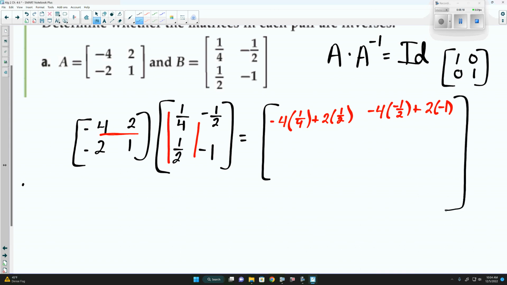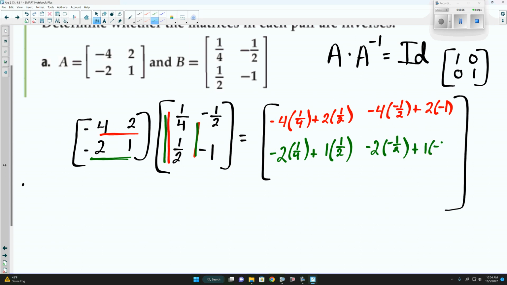Then we do this again, so over, down: negative 2 times 1/4 plus 1 times 1/2. And lastly, over and down, we would have negative 2 times negative 1/2 plus 1 times negative 1.